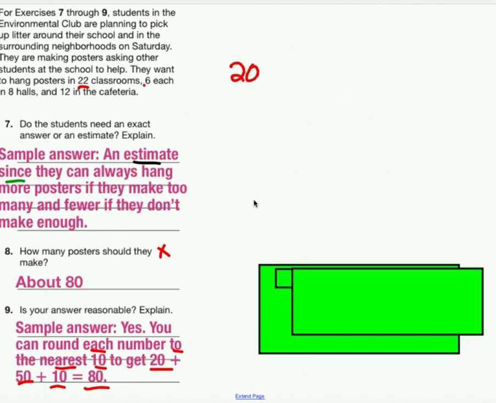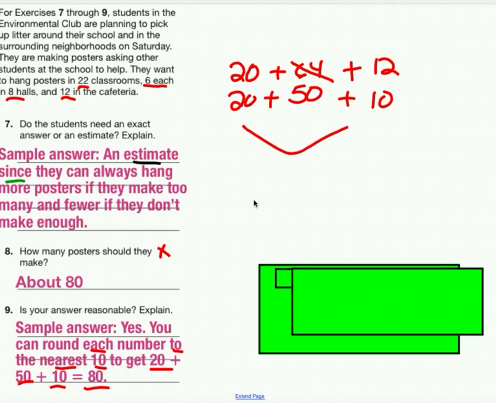And then we're going to take the 6 times 8, which would be 64. But instead of calling it 64, we're going to call it 50 plus this 12. And instead of calling it 12, we're going to call it 10. So what you would have is 20 plus the 50 plus the 10 to give you this 80.